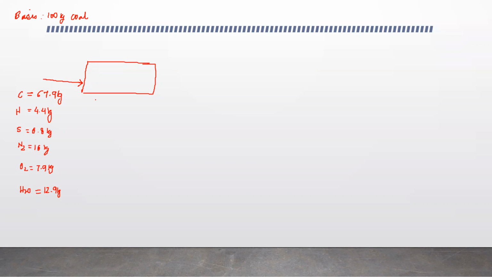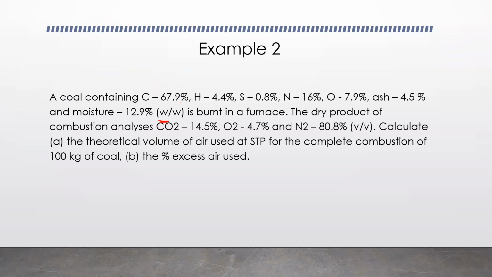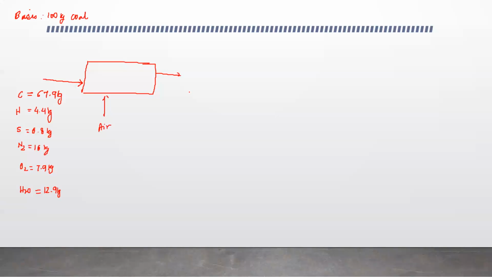Then there's air coming in, of course. We don't know anything about this air, so I'll let it be. Then in the flue gases, we'll have carbon dioxide, nitrogen, unreacted oxygen, and since we have sulfur here, sulfur dioxide as well.